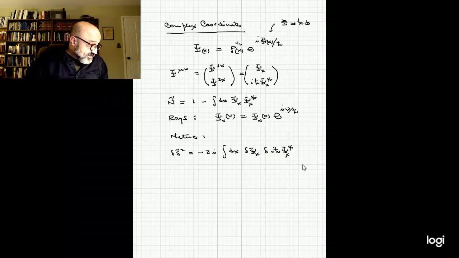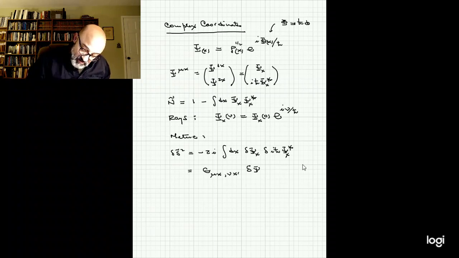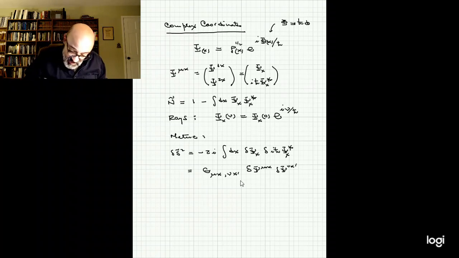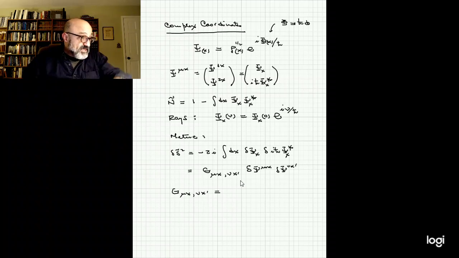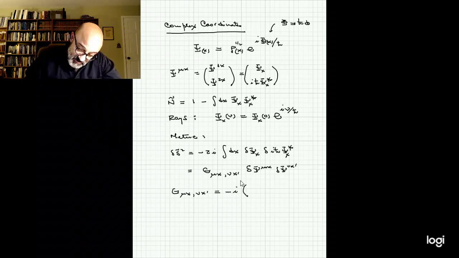If I were to write this in terms of metric components, that's what it will look like. And now the whole reason for this is that in this form, this metric tensor takes the following form: minus i, 0, 1, 1, 0, times the Dirac delta.